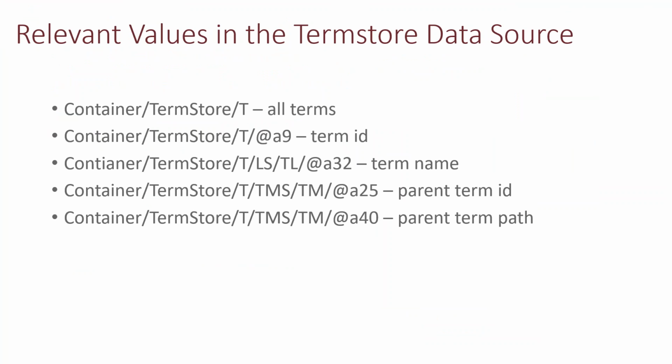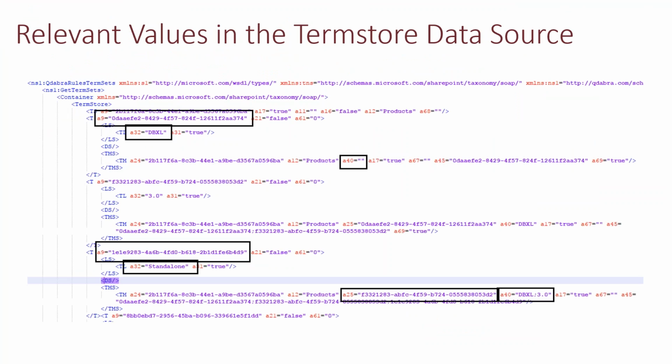So before we go to this slide, let's take a quick look at what the XML looks like. Similar to what I just expanded there in the form, we have Qdabra rules, term sets, get term sets. It's pretty straightforward down to about the fourth level. And then you get stuff with really short names that doesn't seem very self-explanatory.